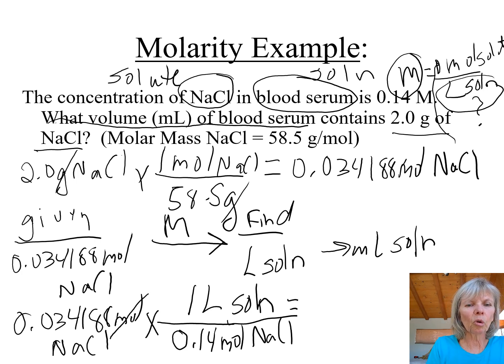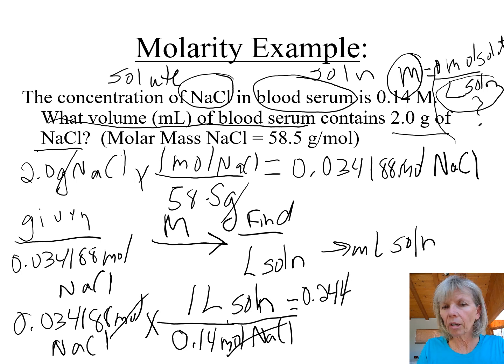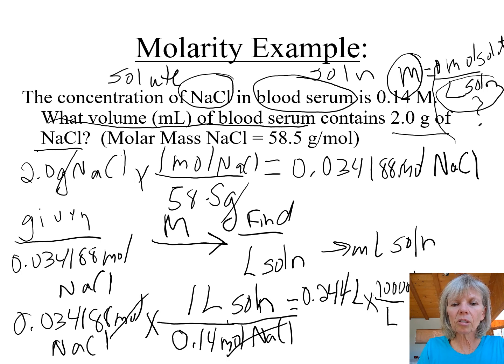And so this way our moles of sodium chloride cancel, we get liters of solution. So for liters of solution, it comes out to 0.24 liters. And then to get it into milliliters, we just need to say 1 liter is equal to 1,000 milliliters.